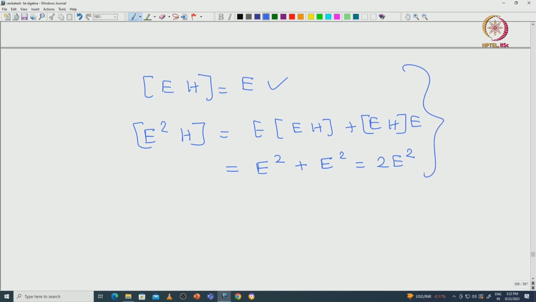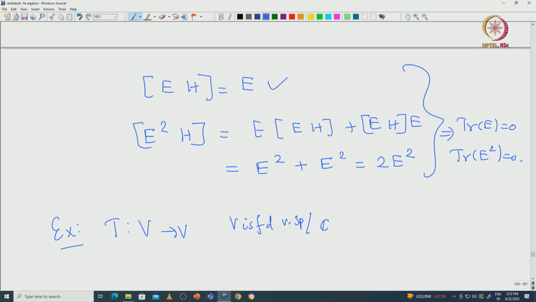So, what does this imply? This implies the trace of E is 0 as well as the trace of E square is 0. Now, if you have an operator T from V to V, where V is a finite dimensional vector space over C, and suppose the trace of T power k is 0 for all k, then this implies that T is nilpotent. This is again an exercise.